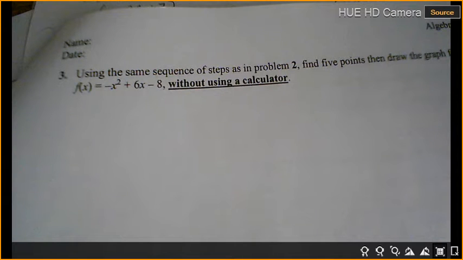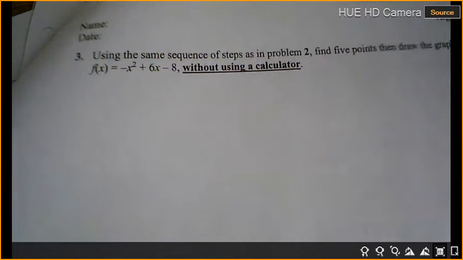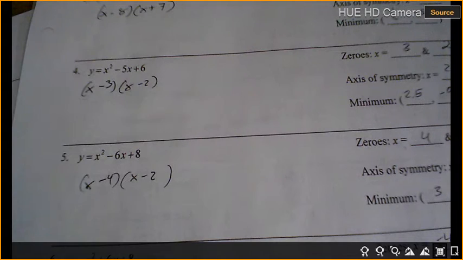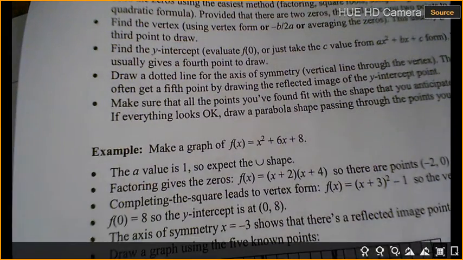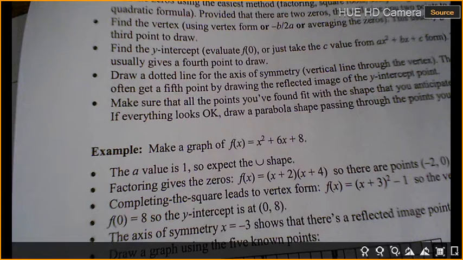If you look on the packet, you'll move past the graphing. There's a great description in here about how to graph, like the steps to take, how to make your graph, what it should look like, what you should do. But I'm going to skip over that, and I'm going to go over number 3 with you guys. And then you'll do 2 for homework.